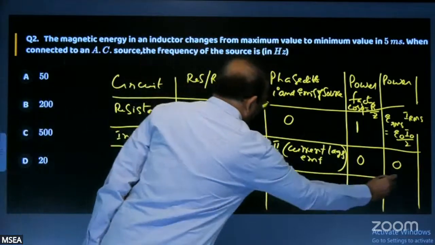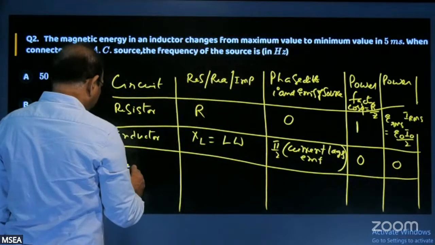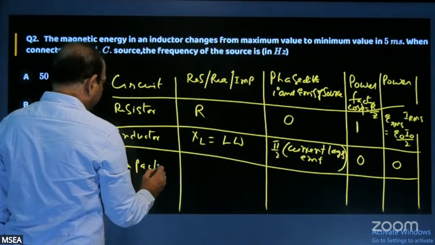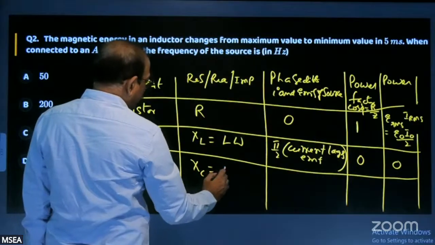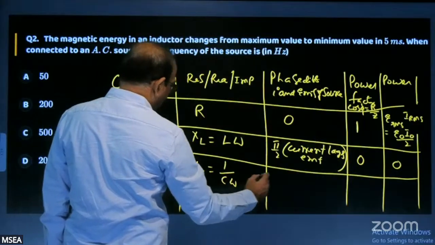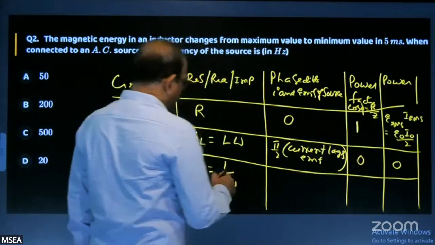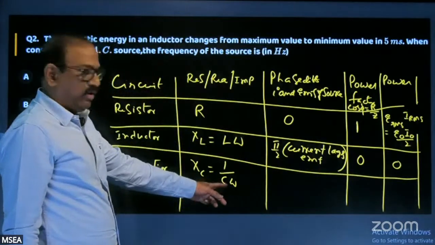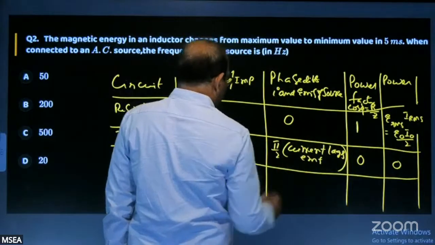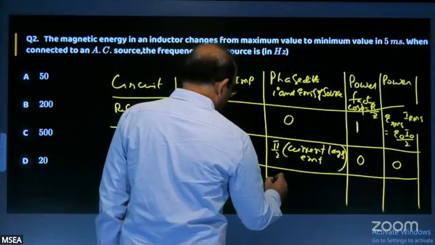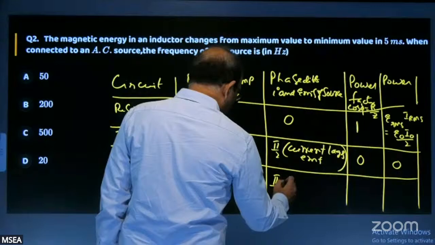This is the pure inductor. Then the pure capacitor: capacitive reactance 1 by C omega ohms, where omega is the angular frequency of the source. The phase difference between current and EMF of the source here is also pi by 2.